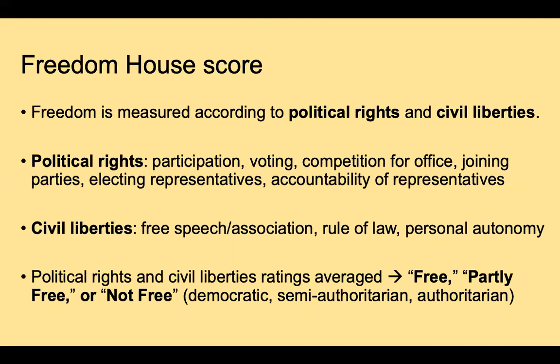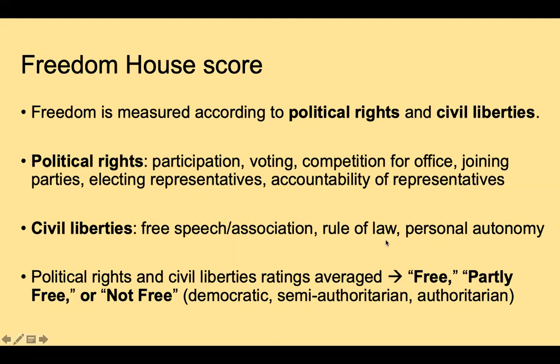Now, the reason that Freedom House is often more difficult to use is because some of these categories are more subjective. And in fact, the way that these scores for individual countries are reached is through the evaluations of country experts who make a judgment about where countries fall in terms of all these different categories.